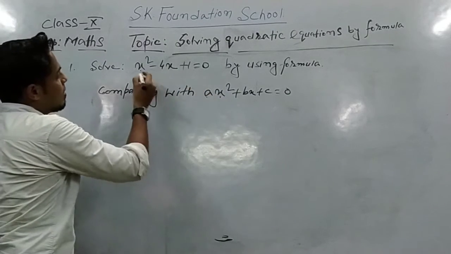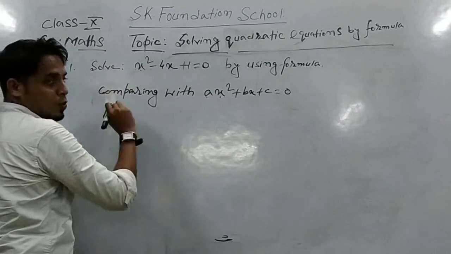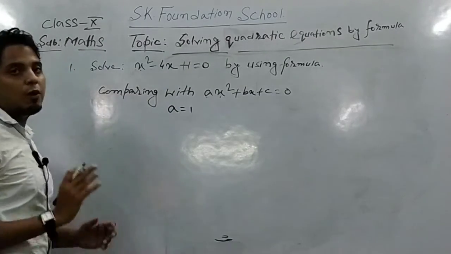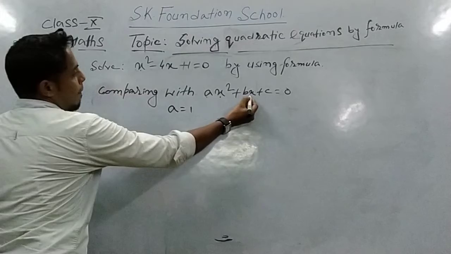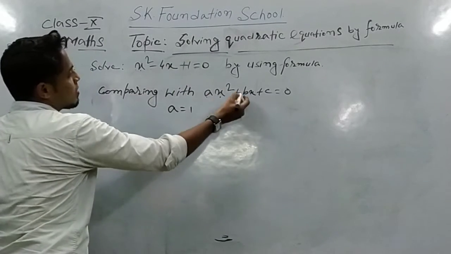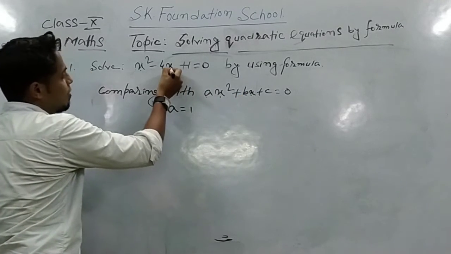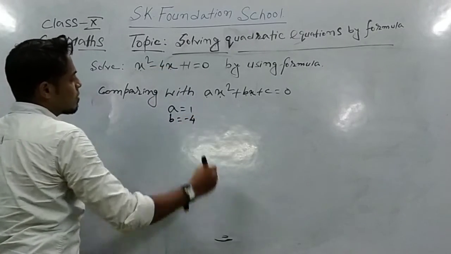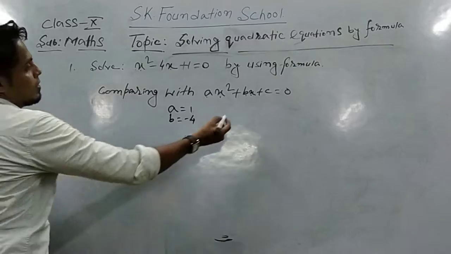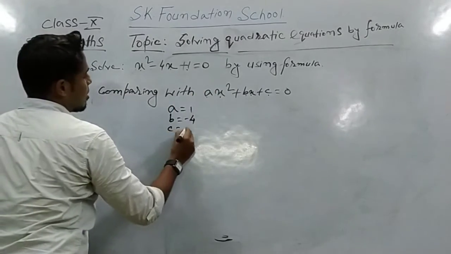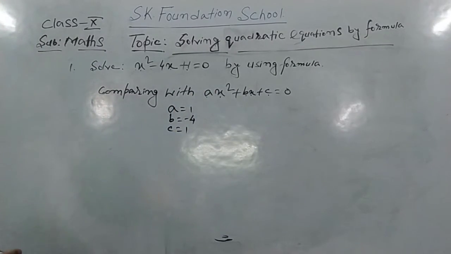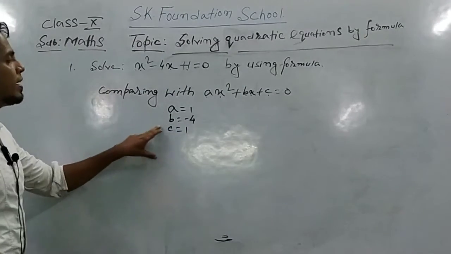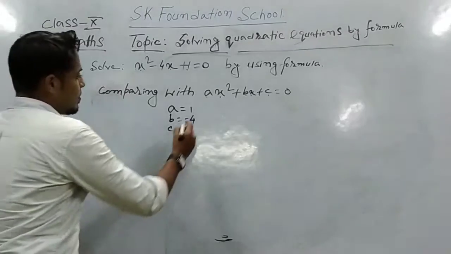The coefficient of x square here is nothing, which means 1. So a equals 1. Here we have minus 4x, so the coefficient of x is minus 4, so b equals minus 4 and c equals 1. So when we compare the two equations, we get the values of a, b and c.